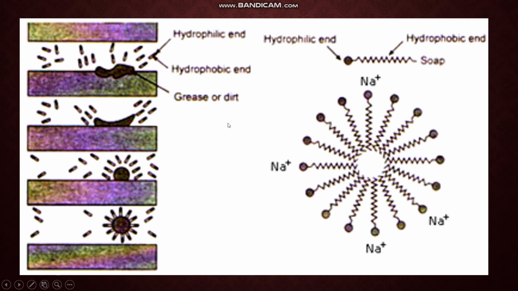What we explained here is all shown here. Soap molecules have a hydrophilic end and a hydrophobic end. This is the hydrocarbon part, this is the ionic or polar part, and this is the dirt, oily grease or dirt. The hydrophilic end will be attracted towards the water and the hydrophobic end towards the oil, and micelle formation takes place here.